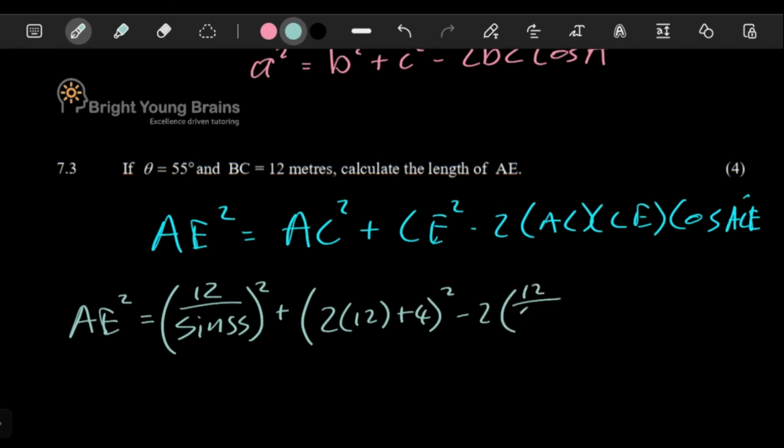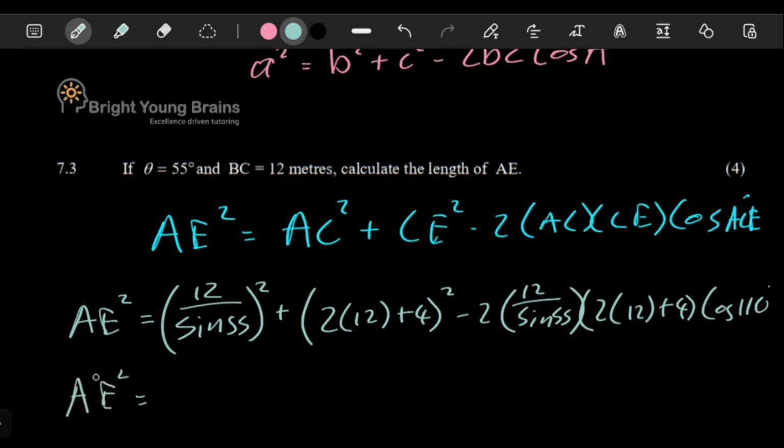So all this, the way I've written it out, is exactly how we're going to put it in the calculator. You don't have to worry about anything else because it's a 4-mark question and you're going to get your marks for putting in the stuff in the calculator correctly. So let's see what AE squared is going to be.